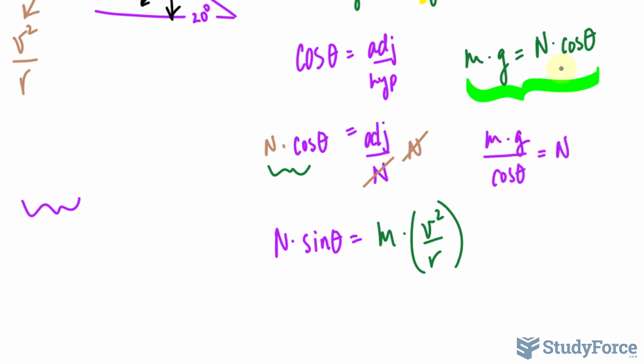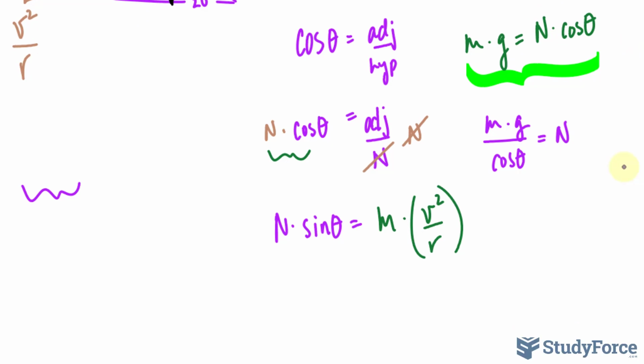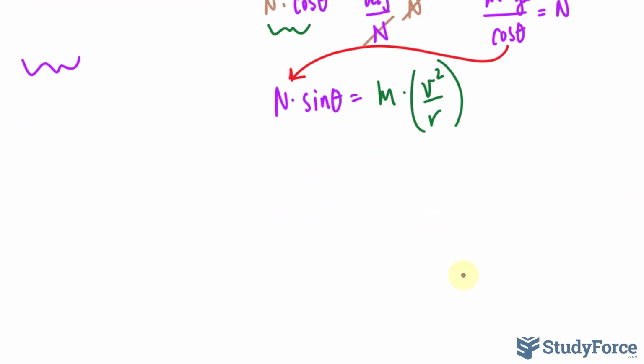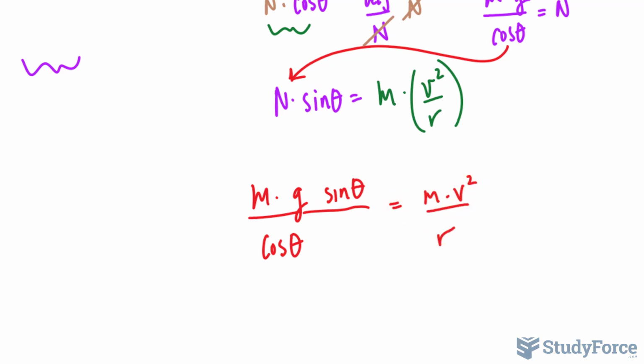Notice that I divided both sides by cosine theta to eliminate this cosine on the right side. And now I will take that and bring it right into there. So I have m times g over cosine theta, and that's being multiplied by sine theta, is equal to m times v to the power of 2 over r.